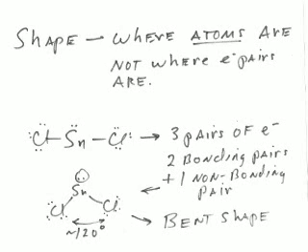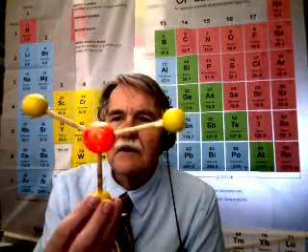And so what is our shape going to be? Well, the 3 pairs of electrons are going to go into a trigonal planar arrangement, because we said that's the arrangement 3 pairs of electrons go into, but that's not the shape we're going to get for the molecule. In the tin dichloride, the electrons end up in their trigonal planar arrangement.